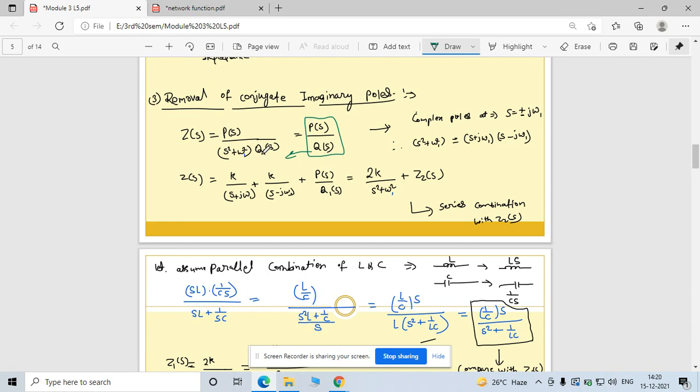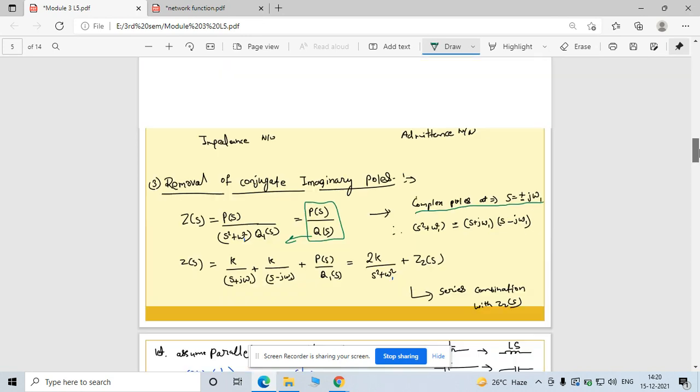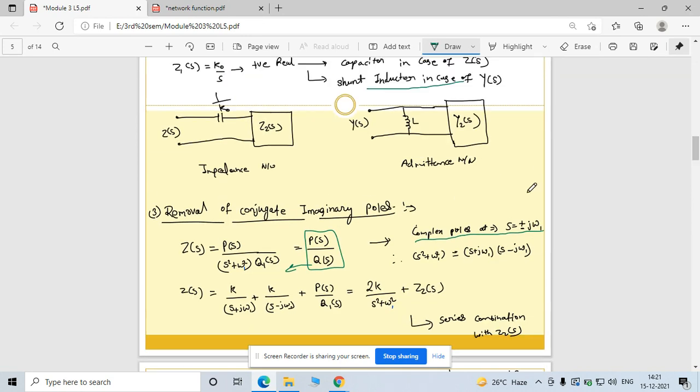Now this s square plus omega square, you can also represent in this format. Now see, this is a complex pole, right? Whenever there is a complex pole, they are always conjugate to each other, right? Here, this is s plus j omega, s square plus omega square. So what are the conjugates?